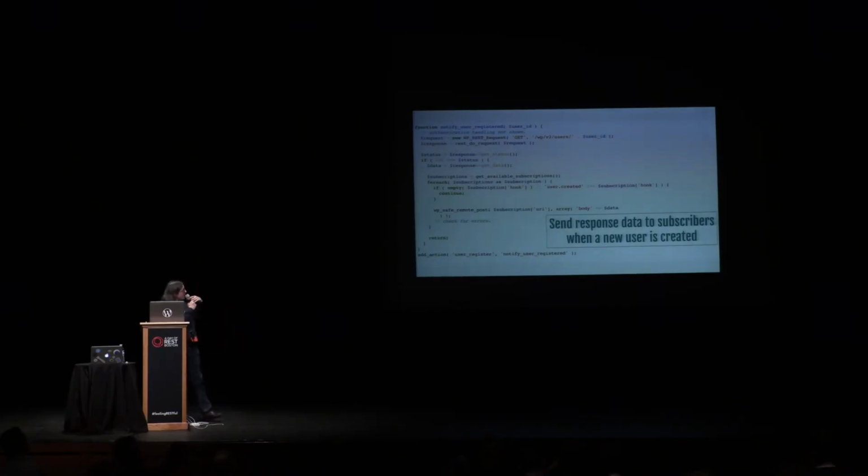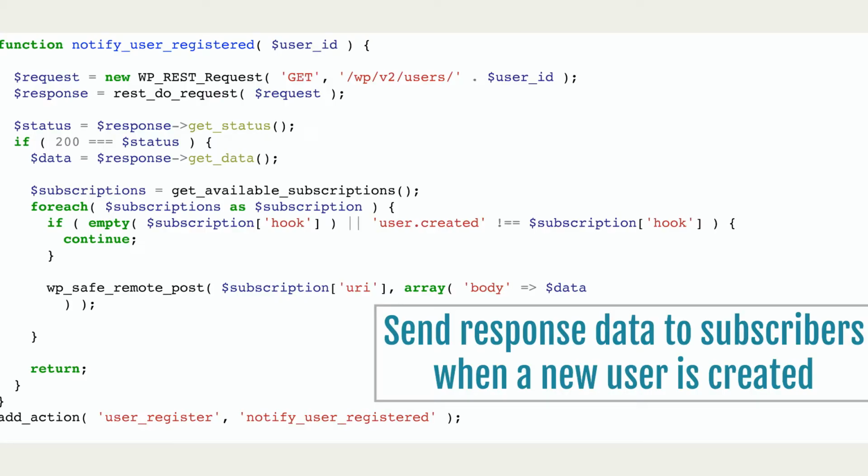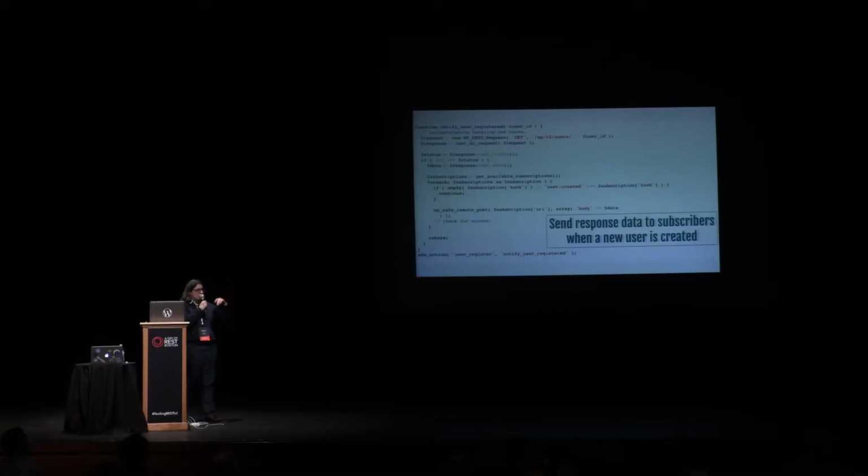If so, I'm going to grab all the subscriptions, with some sort of mock function that goes and gets all the available subscriptions from the database, and then loop over them. If the subscription hook isn't empty and user.created doesn't equal the subscription hook, bail. But if it matches, then I should send the response data to the given subscription URI.